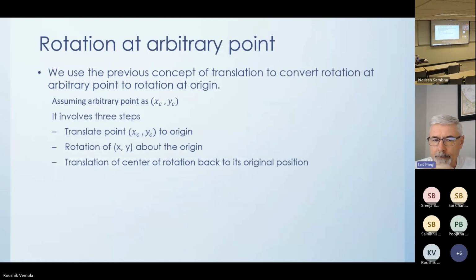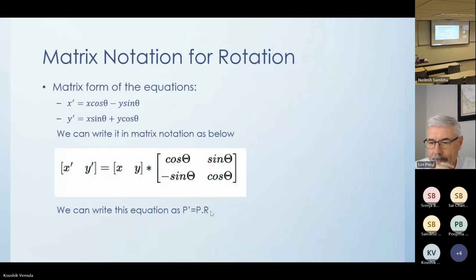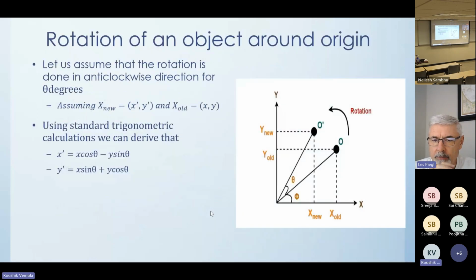Okay, quick question. Yes, sir. Let's say you take a rotation, say 37.69 degrees counterclockwise. Then you take the rotation back 37.69 degrees clockwise.